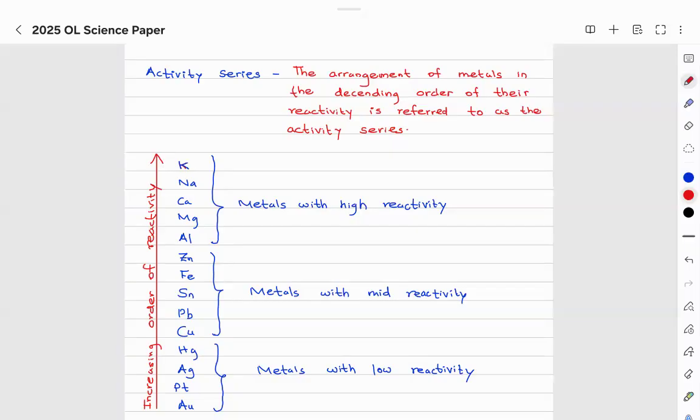Reactivity with the other metals, right? Reactivity with oxygen.